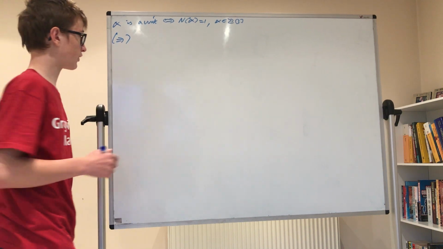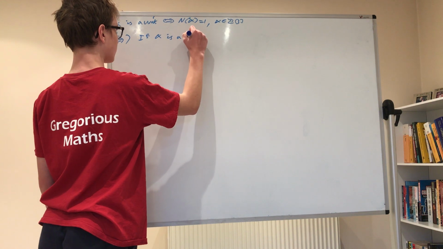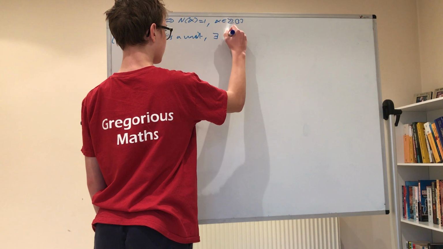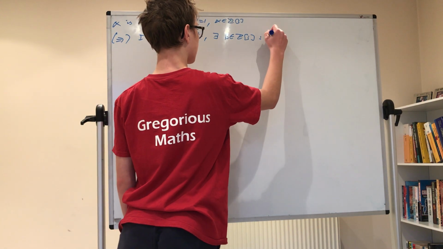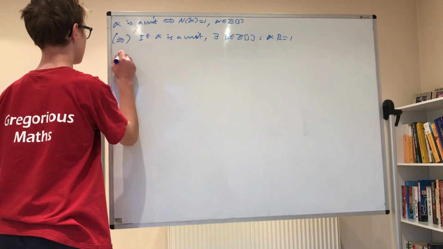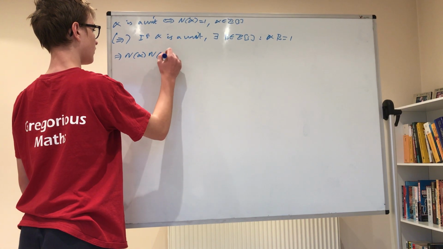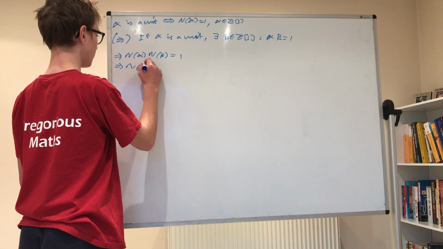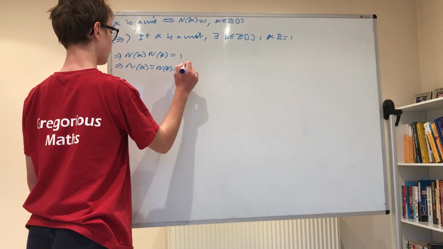If alpha is a unit, there exists a Gaussian integer beta such that alpha beta equals 1. Therefore, the norm of alpha times the norm of beta equals the norm of 1 equals 1. Therefore, the norm of alpha equals the norm of beta, which equals 1.